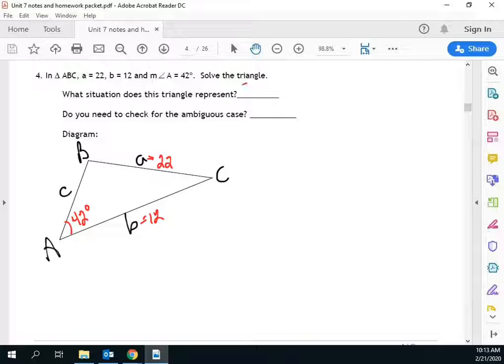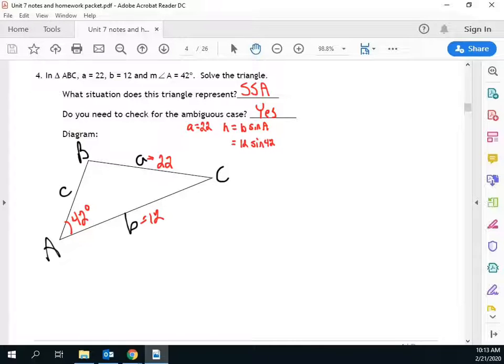Well, first off, this is a side angle. So yes, it's ambiguous. So A is equal to 22. H is equal to B sine of A. B is 12 sine of 42.